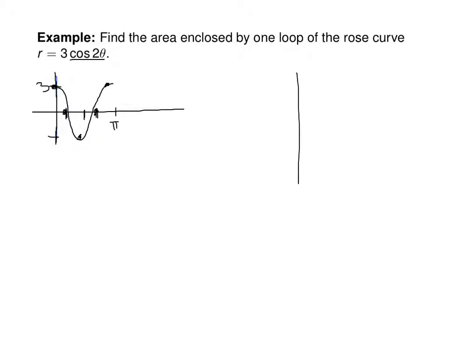Now transferring that into polar coordinates, we start off at angle 0 with radius 3. By pi quarters we're back down to 0. And then by pi over 2, we're at negative 3, which puts us down there, also a distance of 3. And then back up to 0. By pi, we're back at a radius of 3.